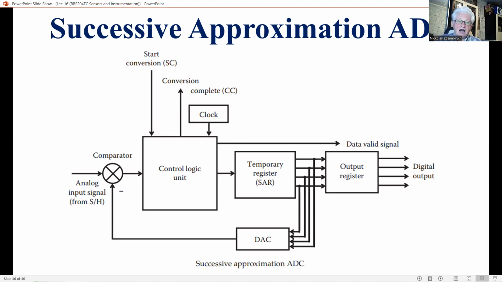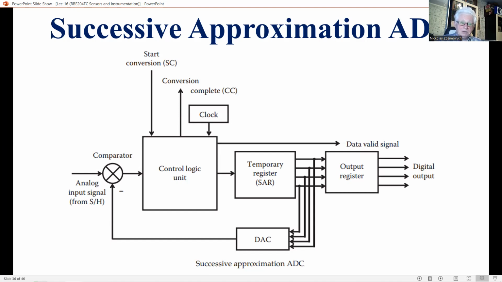Initially, the registers are cleared so that they contain all 0 bits. Then the ADC is ready for its first conversion approximation. The first approximation begins with a clock pulse. Then the control logic unit sets the most significant bit, the MSB, of the temporary register to 1.